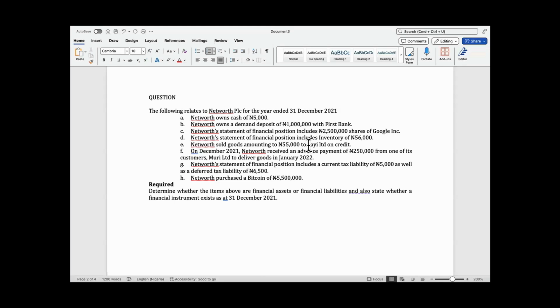And there is another party, Lai Limited, that has an obligation to deliver cash, which is a financial liability. So those two parties exist, and therefore there is a financial instrument.